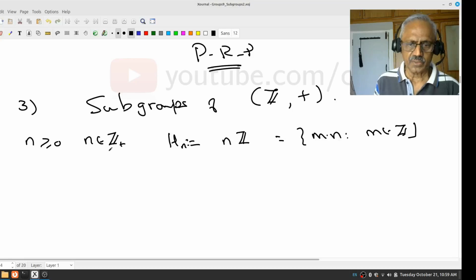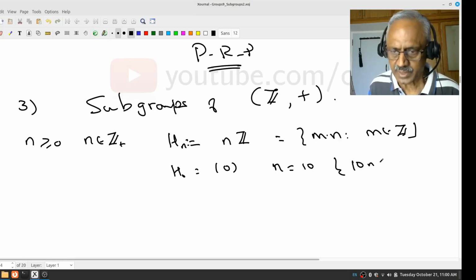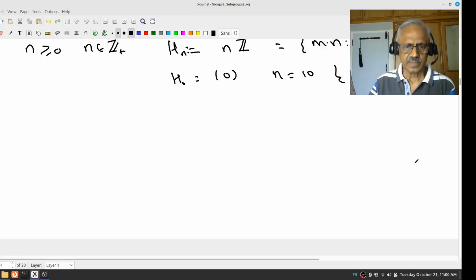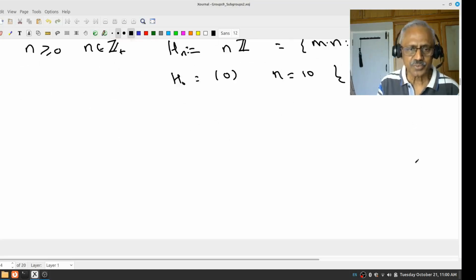When n is 0, it is only the singleton 0. When n equals 10, these are all multiples of 10, that is 10m, where m is in Z. Is that clear? What we want to show is that these are all the subgroups.